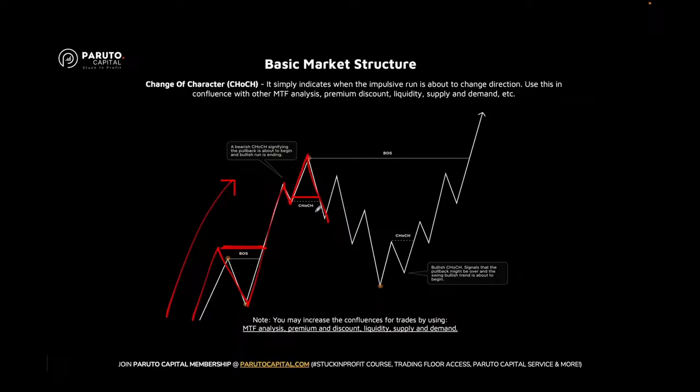Because there's a change of character here to the downside, and then we expect this to pull back here, respect this zone, because this is a strong high that took out this weak minor low here, right? So this is a strong high, so we expect a pullback, but we don't expect it to take out this zone here, and then we expect a continuation, and then it takes out this, and then we expect a little pullback, and then it continues like that.